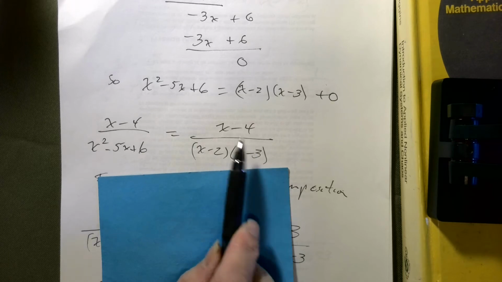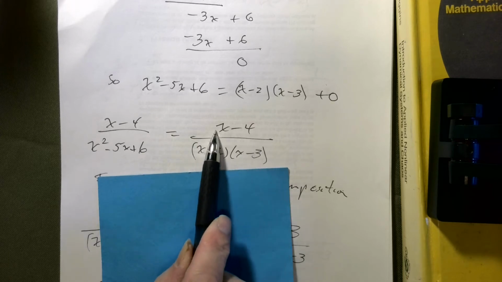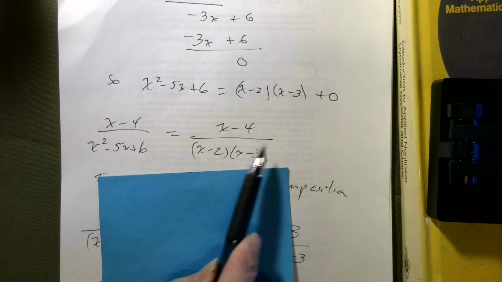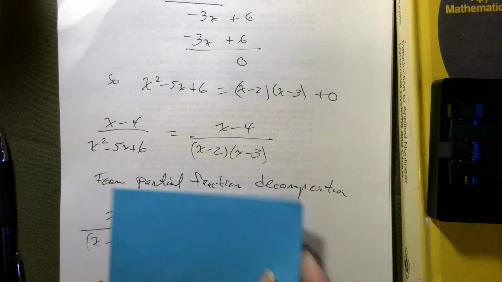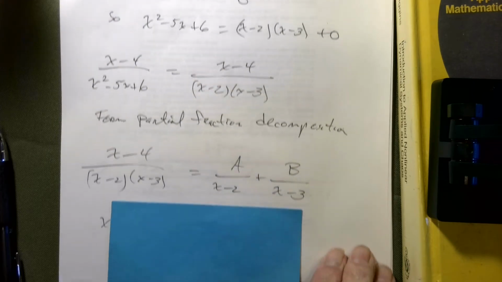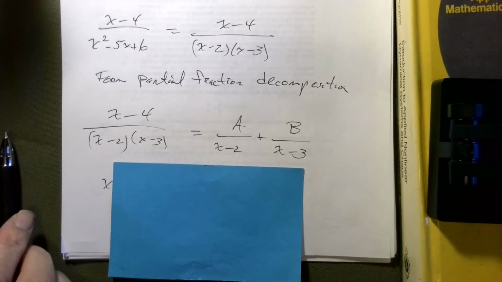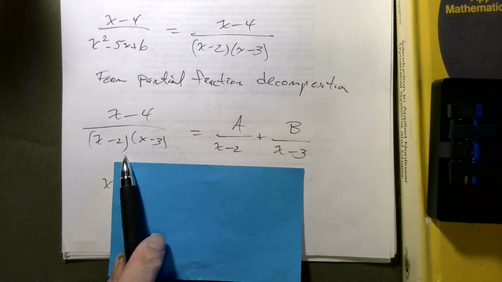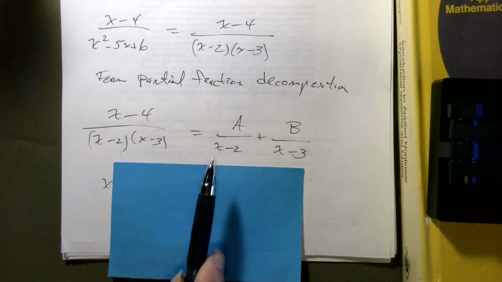I'm going to ask, can I write this thing as a number over this one plus a number over this guy? So we bring it down and we ask, can we find numbers a and b so that the left side equals the right side? Well, we're going to play the same trick.